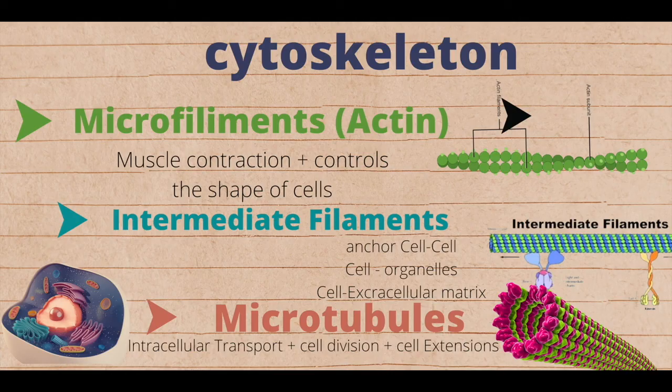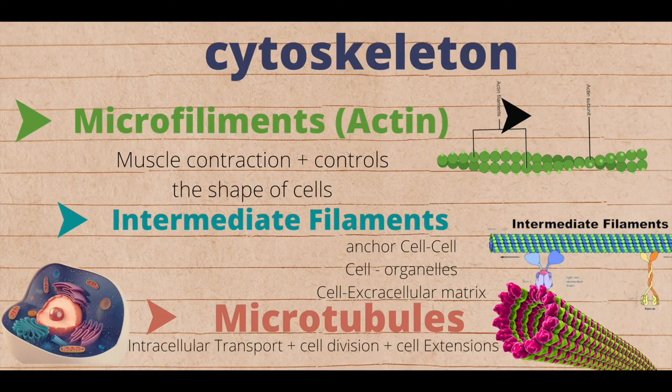Once they bind themselves, they're able to transport the molecules from one place to another within the cell. Secondly, they help in cell division, specifically the metaphase, because the microtubules attach themselves to the chromosome, sort of like Legos. They are able to attach, but also make a split and separate these chromosomes.